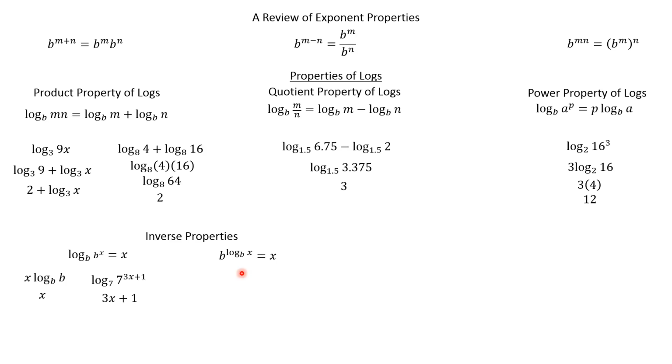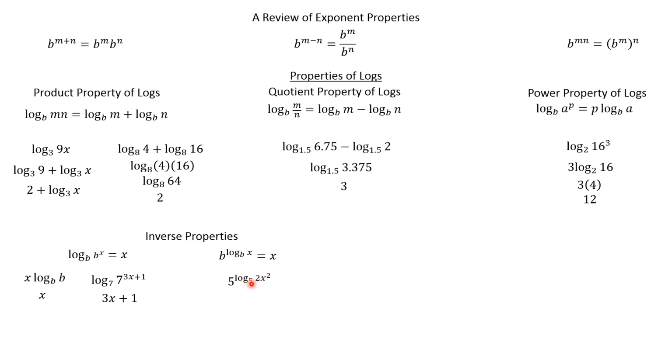Again, a little bit tougher to conceptualize that one. The other thing you could do is rewrite this as a logarithm, which is what we were doing yesterday. Log base b of x equals the exponent, log base b of x. So it works out that way too. How are you going to use it?